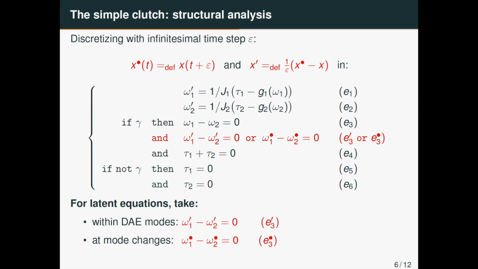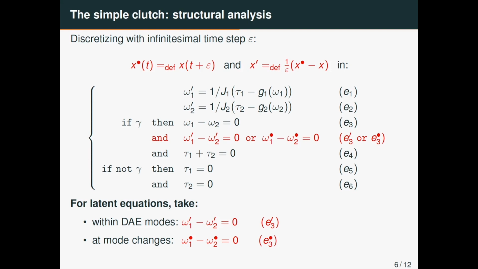Since our structural analysis must be really multimode, we first add the needed latent equation for each mode. The latent equation is shown in red for the engaged mode, and there is no latent equation for the released mode. To prepare once more for the structural analysis at mode changes, we take two different forms for the latent equations.